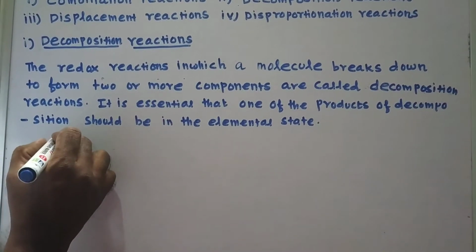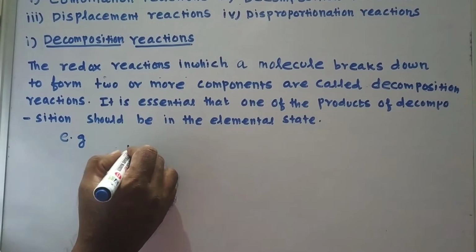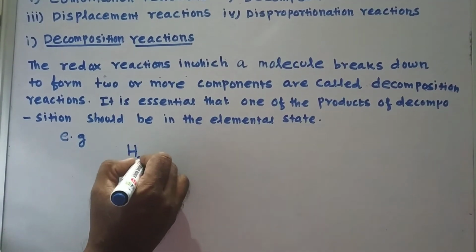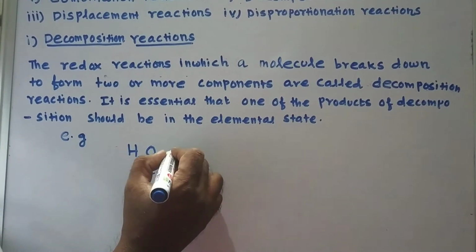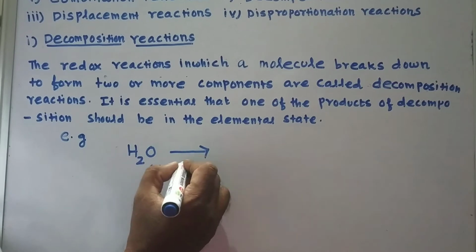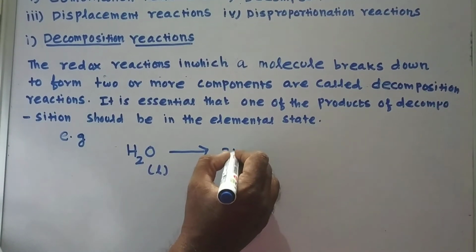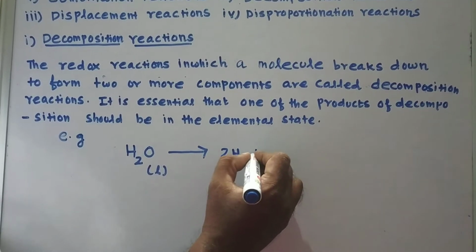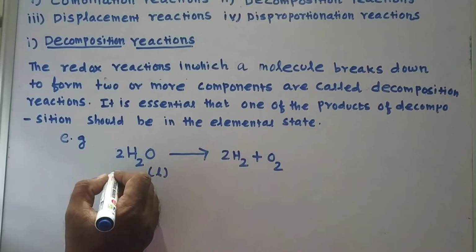Example: let us consider a simple compound, the water molecule H2O. It's in the liquid state. When it undergoes decomposition, it forms two molecules of hydrogen and one molecule of oxygen; to balance, there are two hydrogens.